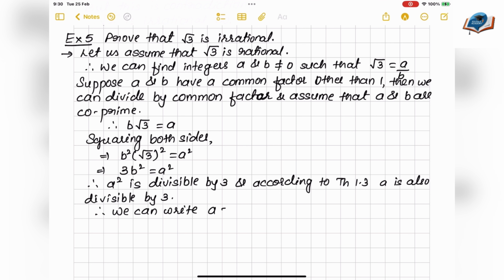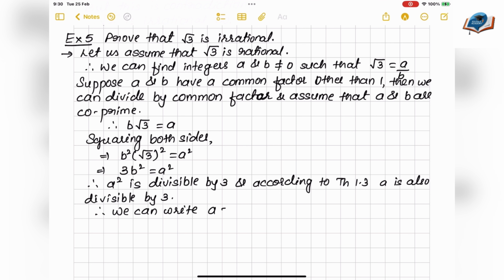Therefore, we can find A and B, A not equal to 0, B not equal to 0, such that 5 minus root 3 equal to A upon B. Therefore, 5 minus A upon B equal to root 3.